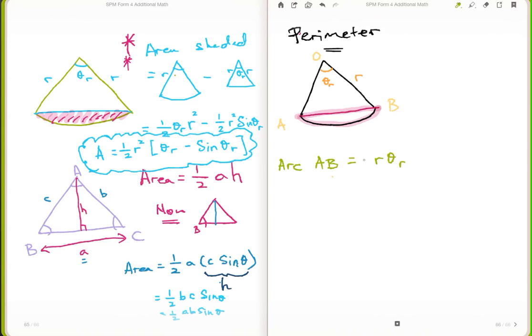Very straightforward. The chord AB, the line AB, would be something more challenging, because the chord AB, this line, is from a triangle with A and B. You have r, you have theta.